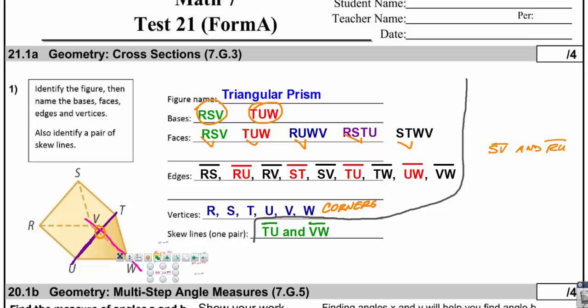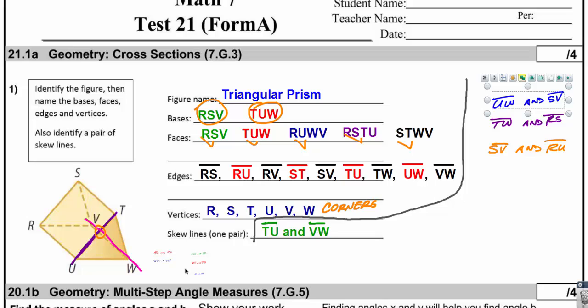So we also found SV and RU. We found the skewed lines TW and RS. We found the skewed lines UW and SV. Again, these are all pairs of lines that do not intersect and are not parallel.